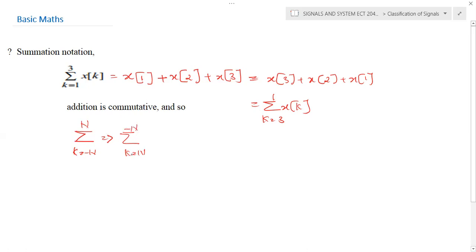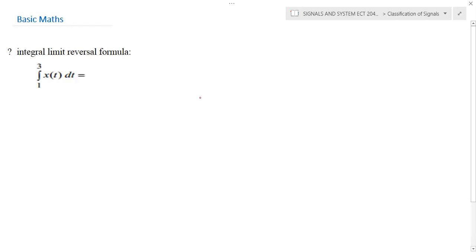No problem, we can simply change the order of the limit. This is minus n to n, now it is n to minus n. There is no problem in the case of summation, because summation is commutative, but this is not the case in integration.